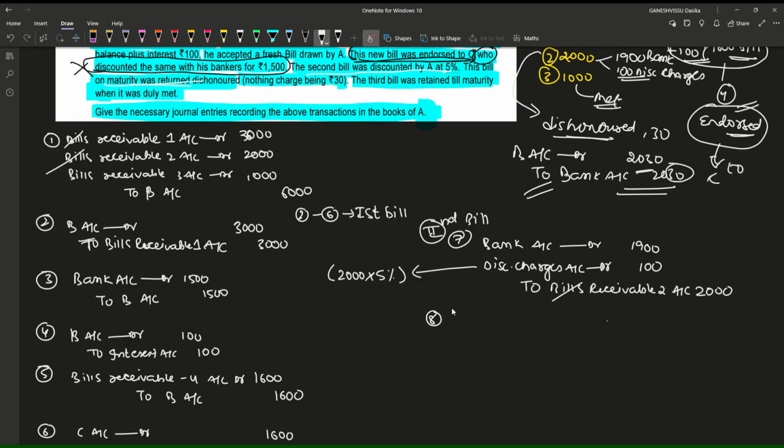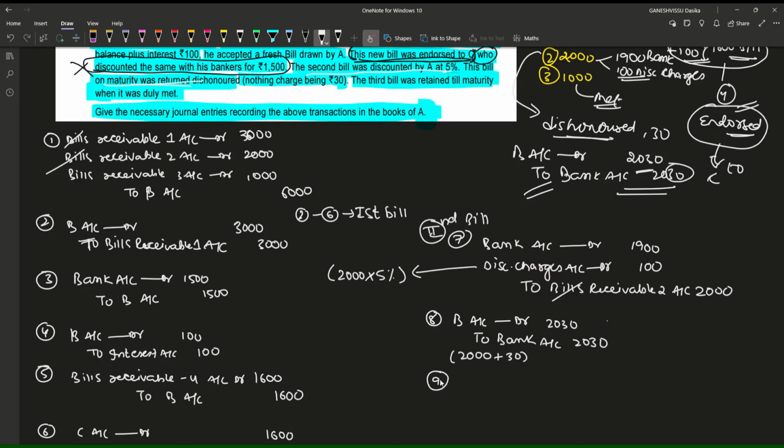That means B has not paid this amount of 2000 on the due date, for which we make B account debtor to bank account. And noting charges are 30 rupees, so 2030 is the amount here. Noting charges are also to be recovered from B and are payable to the bank.